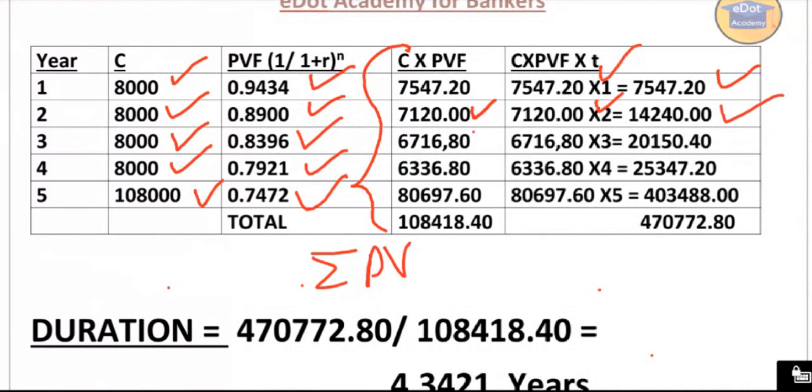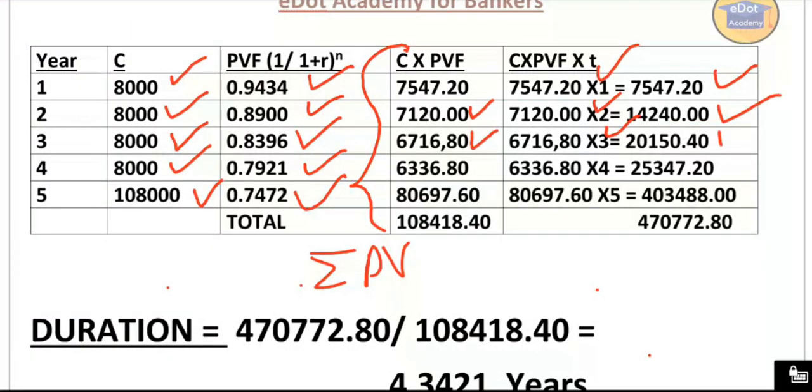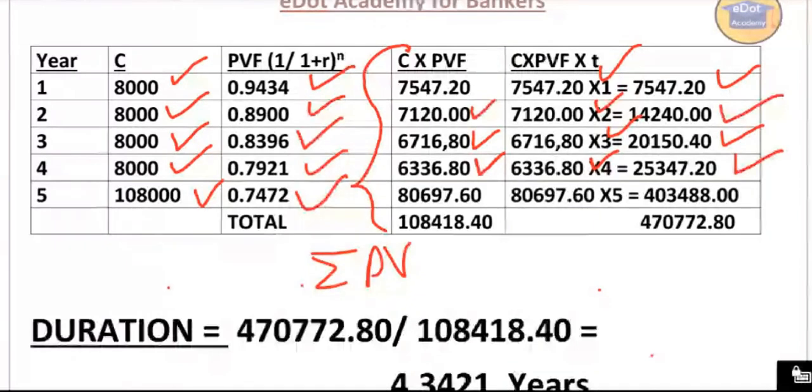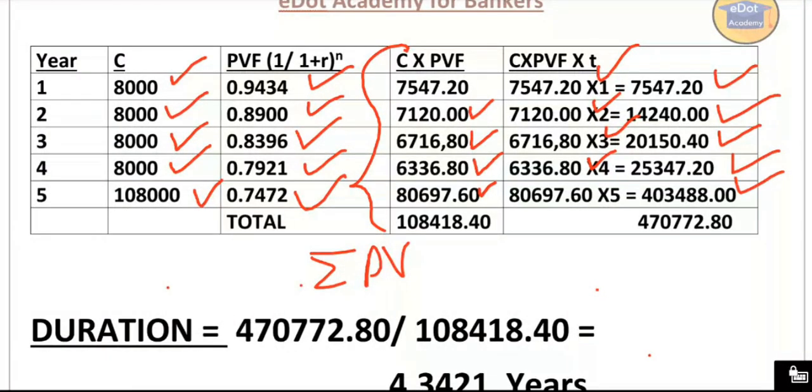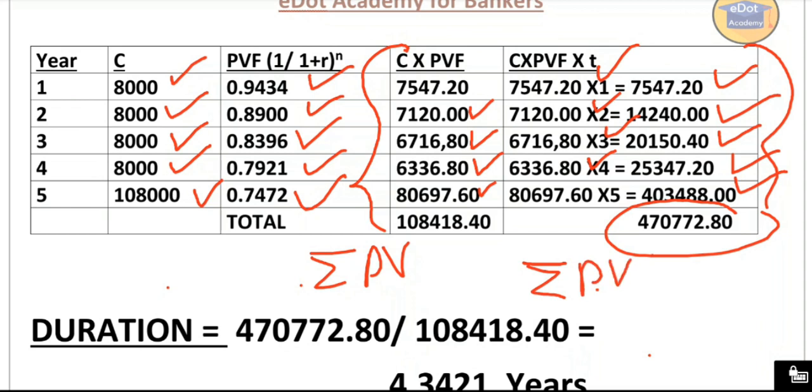For the third year I multiply with 3, for the fourth year I multiply with 4, and for the fifth year I multiply with 5. Again I have made the total here, so I am getting 4,70,772.80, and this is nothing but sigma PVT, because I have multiplied with the respective time period.